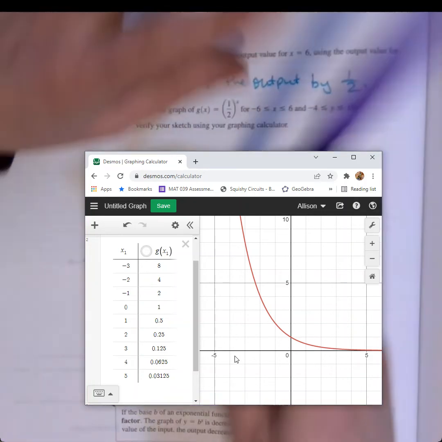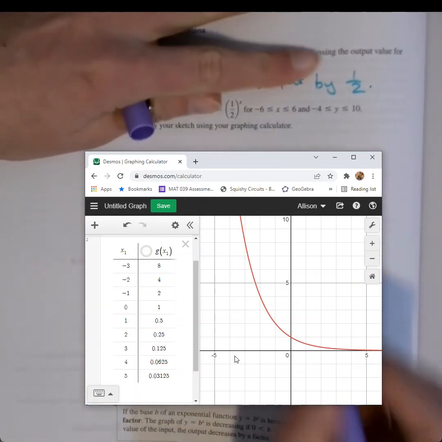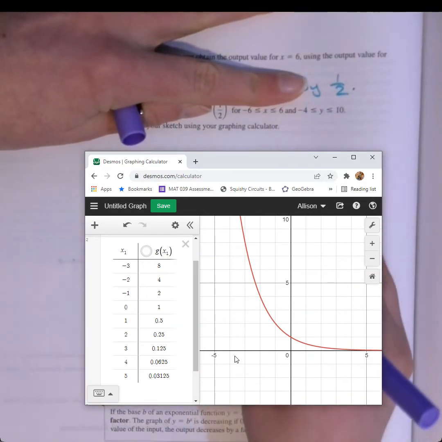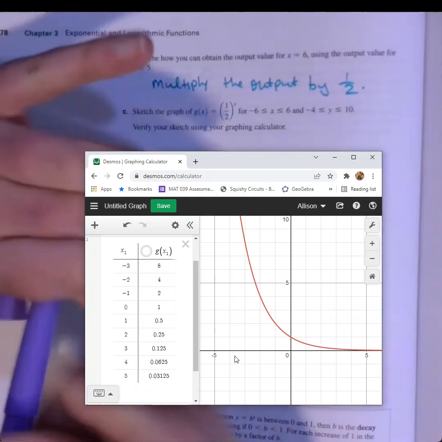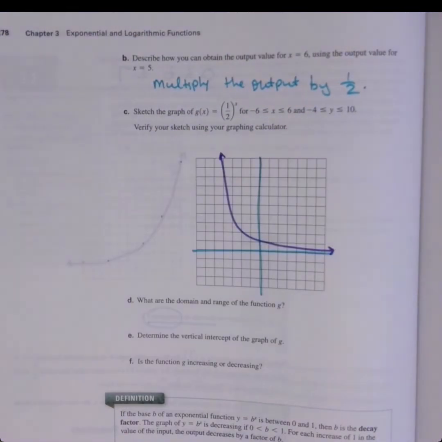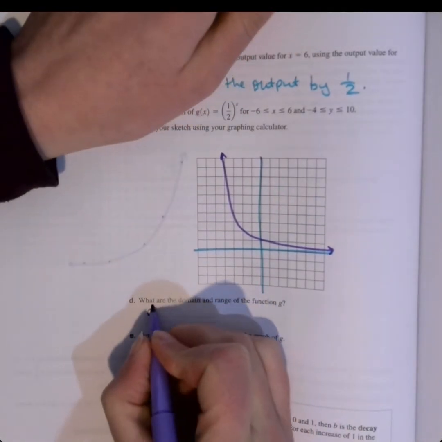I'll draw this rough shape of this graph. All right. So you can see the picture I drew as you were looking at the one on Desmos. That's basically what I tried to draw. This shape right here. And talk about its domain and its range.